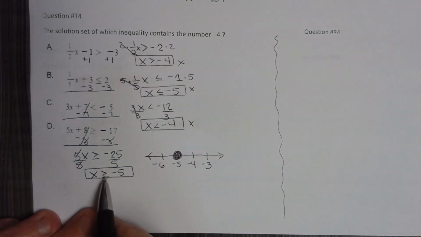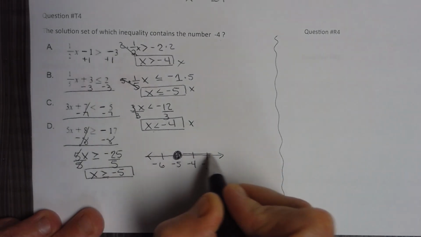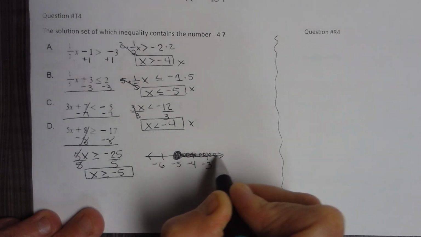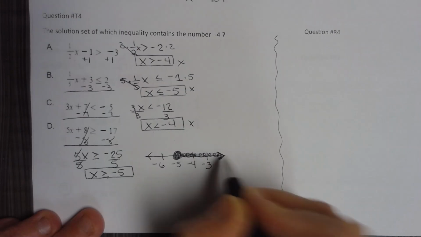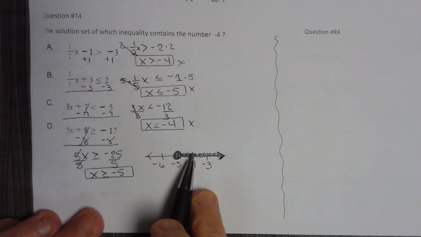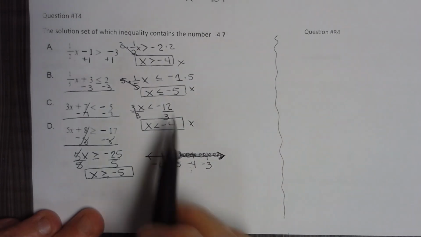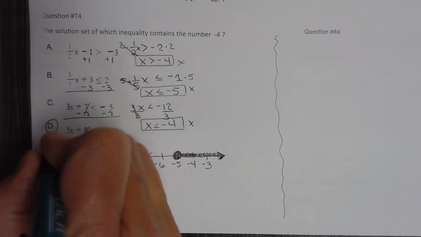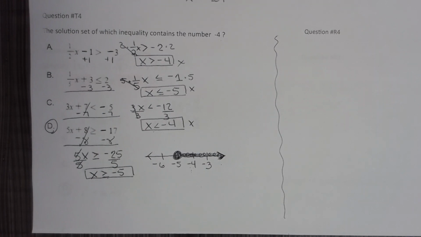And we're shading greater than, so we're shading all the numbers to the right. So you can tell negative 4 is in the shaded area, so this solution contains negative 4. So the correct answer is D.